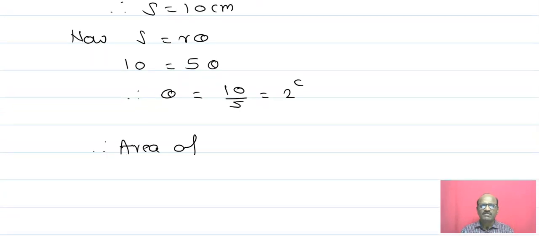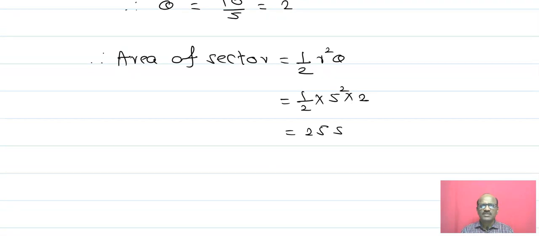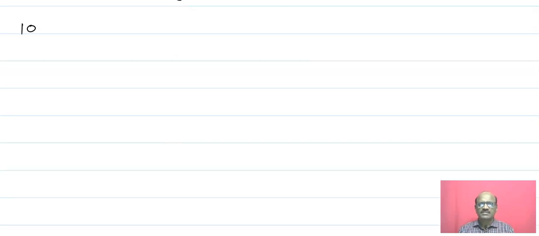Now the area of sector is equal to 1 upon 2 r square theta. That is equal to 1 upon 2 into 5 square into 2. That is 25 square centimeter. This is the area of sector. Now the last problem.